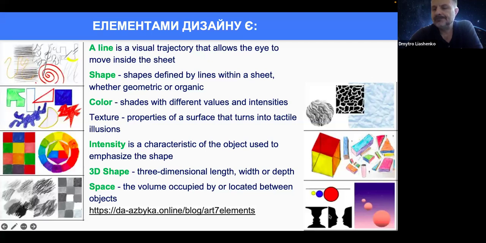You can see a black picture. It's a kind of glass, and in another reading, it's a kind of two faces. So the space between objects is also very important.